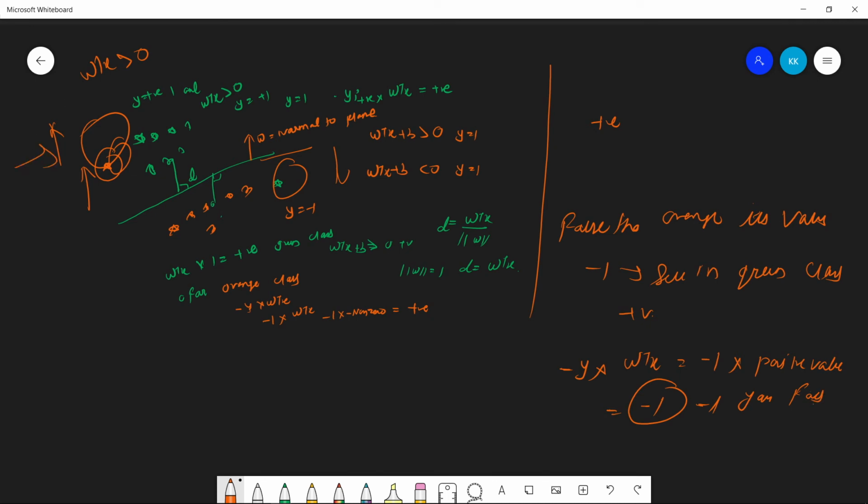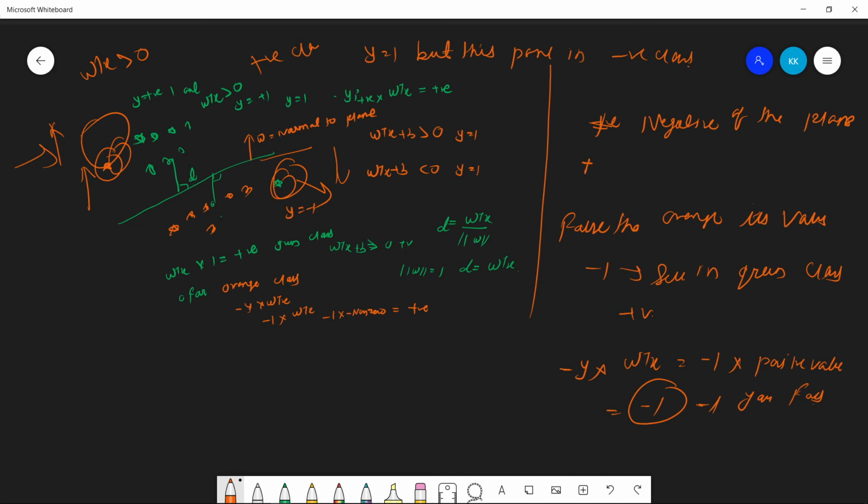This is for this point, and let's do the same for this other point. Actually this point belongs to the positive class, so y is equal to 1, but this point lies in the negative side of the plane. So the actual value of this point is positive, but now it is lying on the negative side.